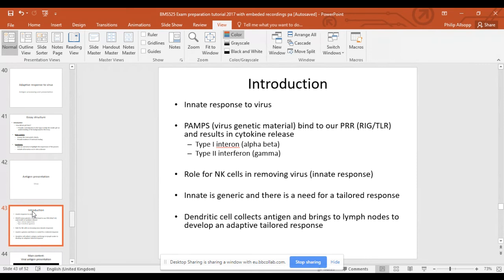So you basically just give an overview of how the body responds to a viral infection from an innate point of view, that is interferon release and natural killer cell activity.